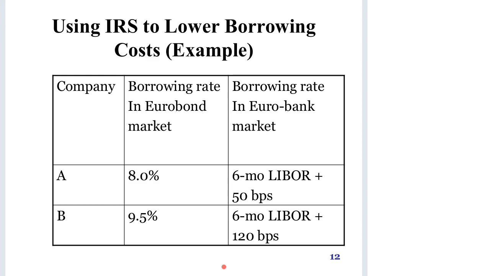On the other hand, B can borrow at 9.5% and 6 month LIBOR plus 120 basis points, which is fine, because A is a AAA rated client and B is an A rated client. So the AAA rated client has a lower credit risk and therefore enjoys a lower cost.